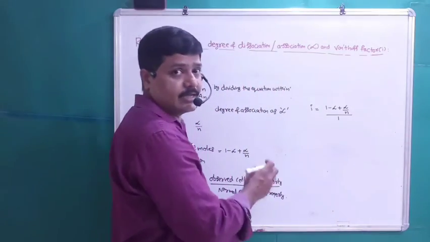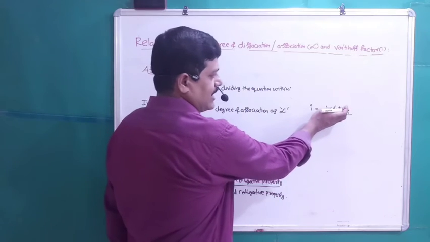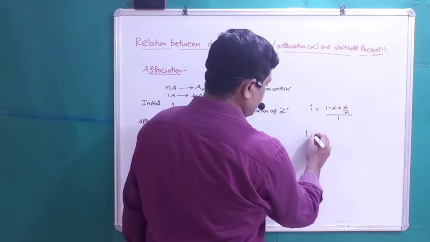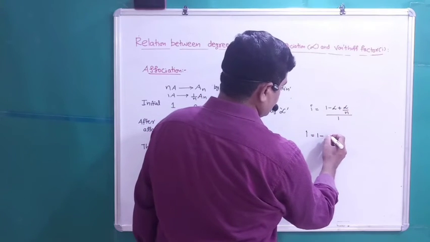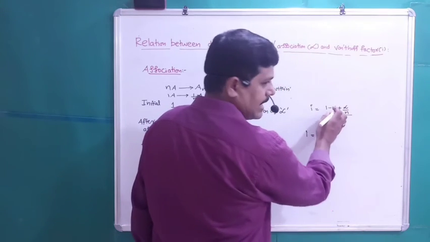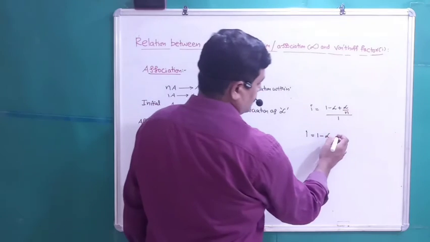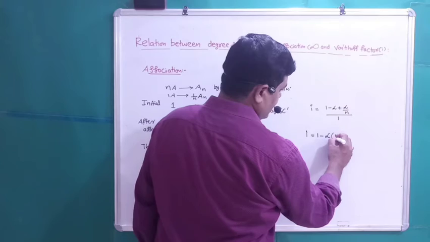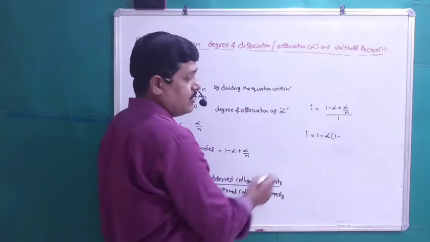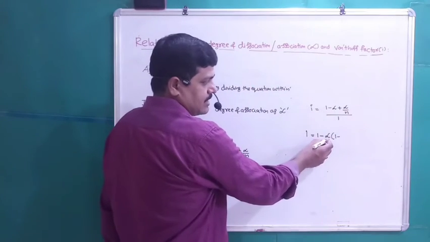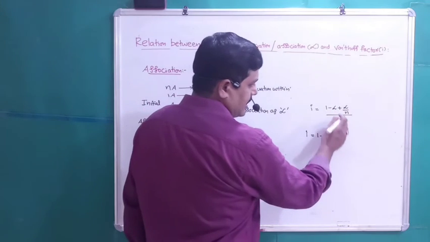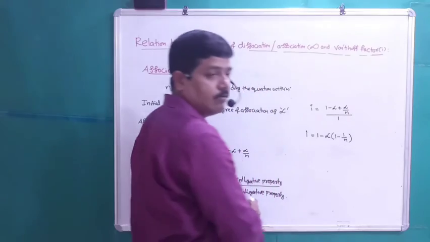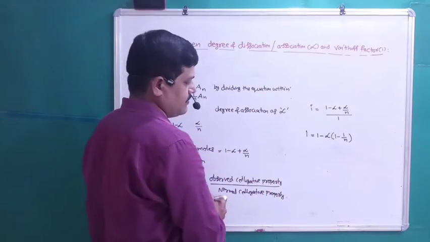So we need the expression for alpha. We will take alpha common from these two terms. So i is equal to 1 minus alpha, taking common, then 1 minus 1 by n.